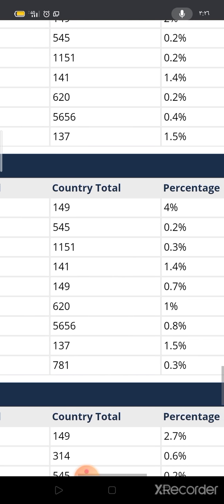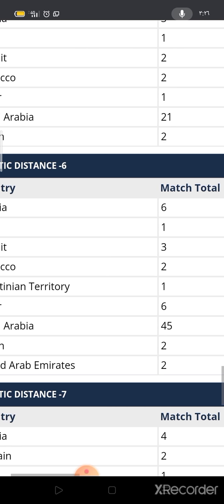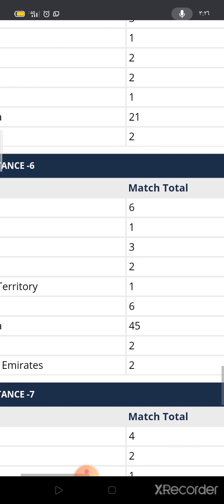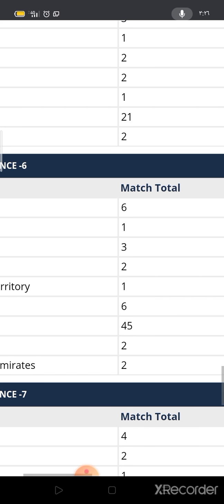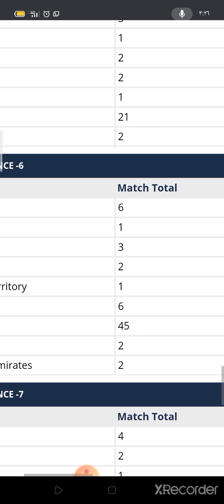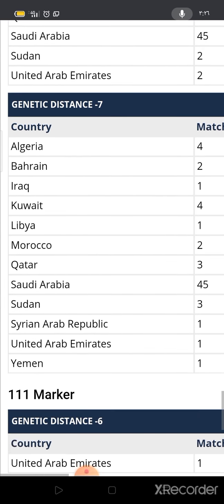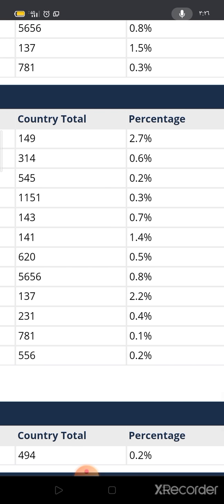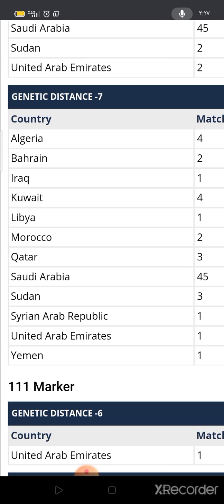So interesting, Algeria. By number, I have 45 matches from Saudi Arabia. Genetic distance 7, the highest percentage is 2.7% from Algeria.